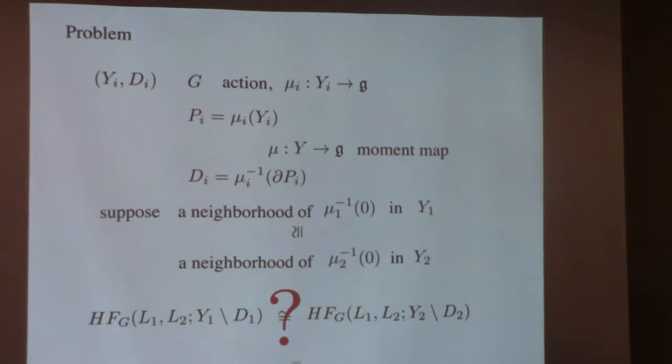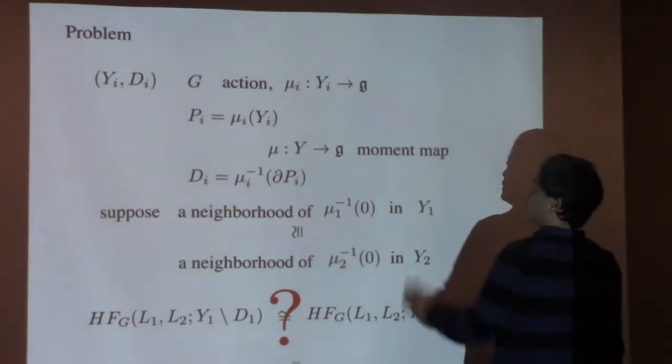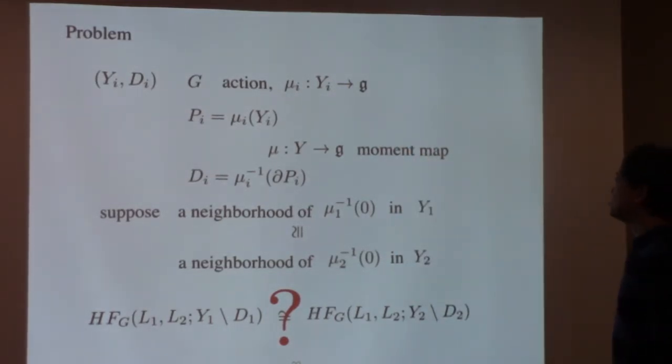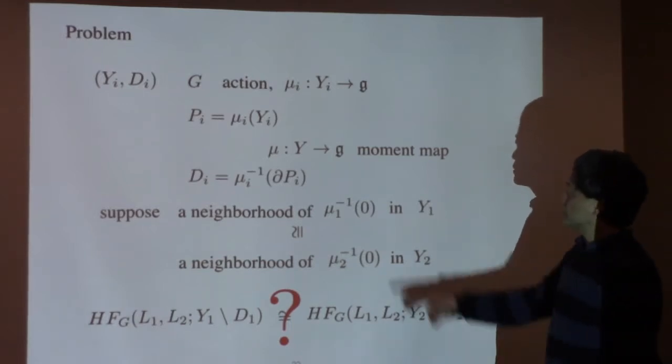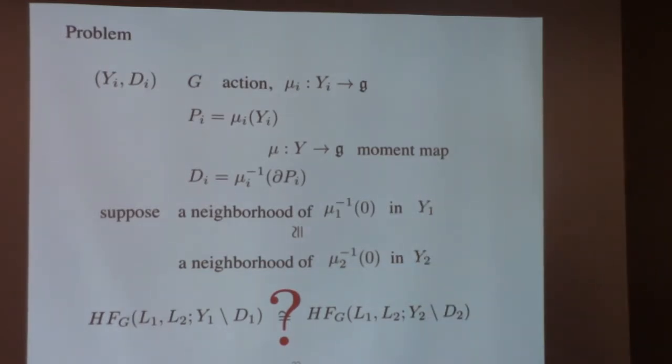Suppose you have two compact smooth symplectic manifolds Yi, and Di is a normal crossing divisor, and we assume there are torus actions and its moment map Yi to R^n, and Pi is a moment polytope, and Di is the inverse image of the boundary.